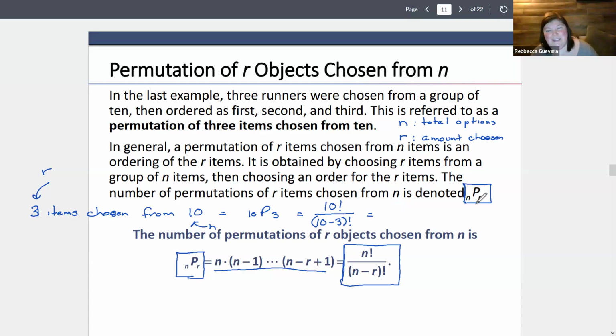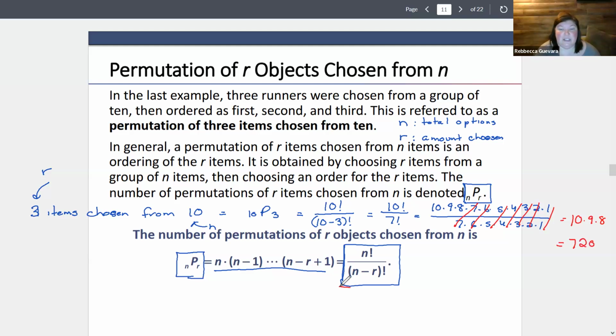That's 10 factorial over 10 minus 3, which is 7 factorial. So we have 10, 9, 8, 7, 6, 5, 4, 3, 2, 1, and then 7, 6, 5, 4, 3, 2, 1. The 7s, 6s, 5s, 4s, 3s, 2s, and 1s all cancel, and I'm just left with 10 times 9 times 8 like I did previously.